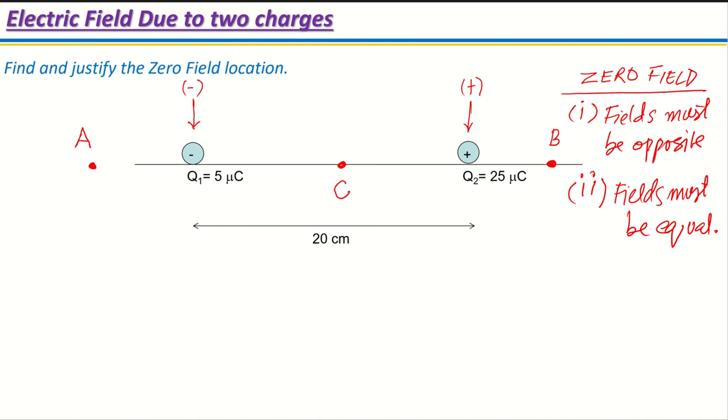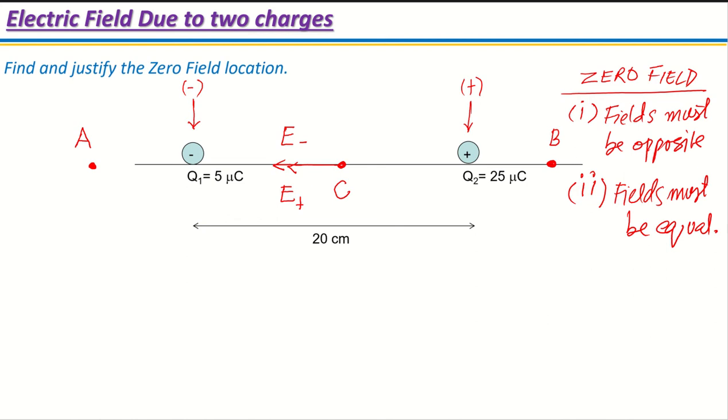So for example, the electric field due to the negative charge is towards the charge and the electric field due to the positive charge is away from the charge. So here, in between the charges Q1 and Q2, the electric fields are in the same direction.